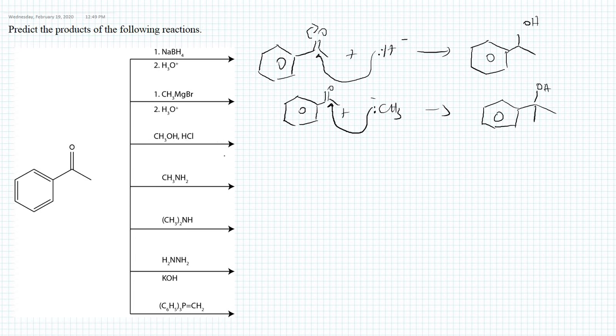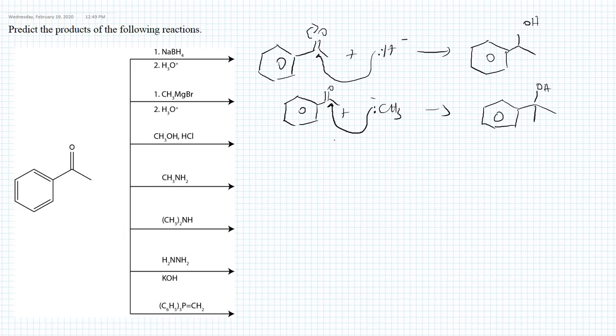Let's move to the third part of the question. Here we have alcohol, acid catalysis, and here we have a carbonyl compound, aldehyde or ketone. In general, we form acetals. Generally, two equivalents of alcohol add to the carbonyl carbon, and we form acetals.